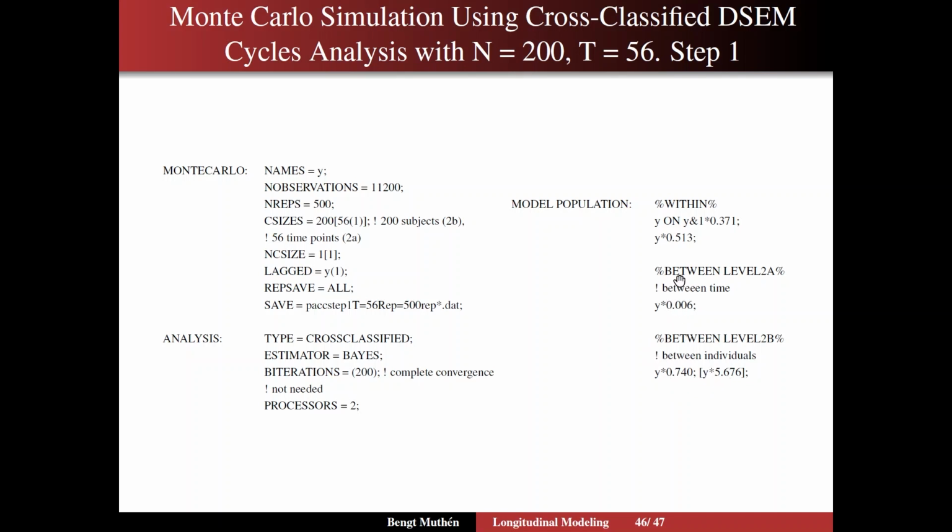So note here then that the general notation for between time is level 2a, and that's what we need to use in Monte Carlo. We cannot have some other name. And between individuals, between ID is level 2B. So level 2A and level 2B should be stated here.